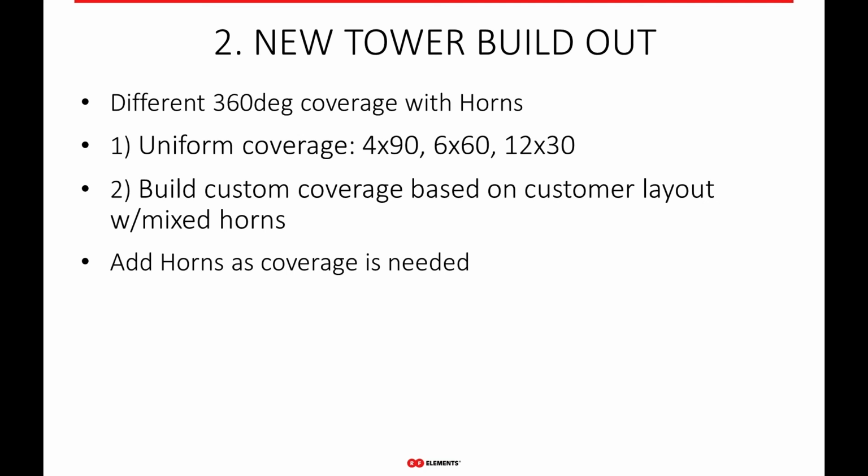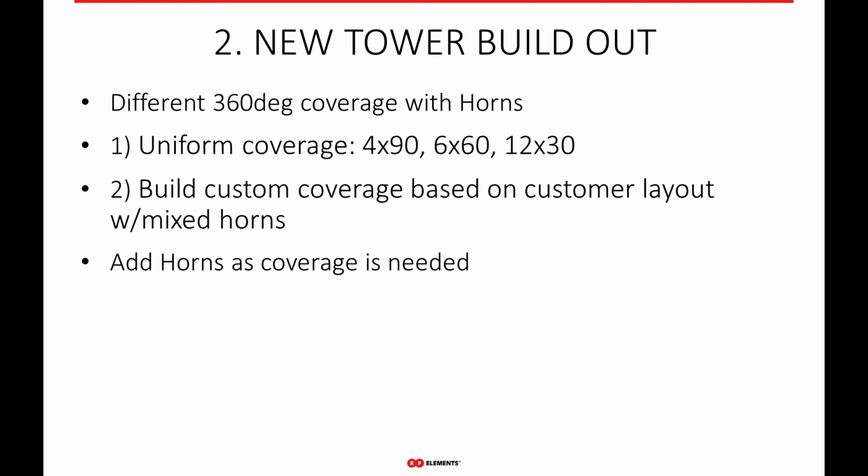Building custom coverage based on your actual customer layout with mixed horns is very, very unique to the RF Elements horn antenna brand, right? We're the only company that actually allows you to build these custom coverages based on distances, based on wider or narrower azimuths, which is not possible with traditional sectors.